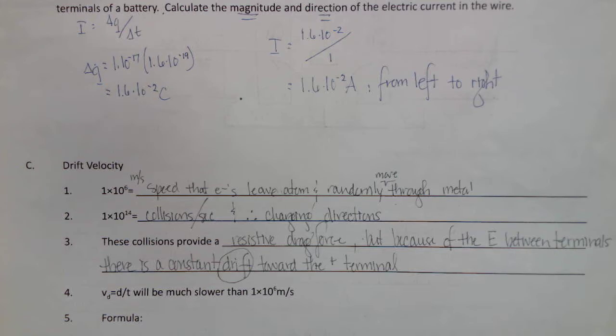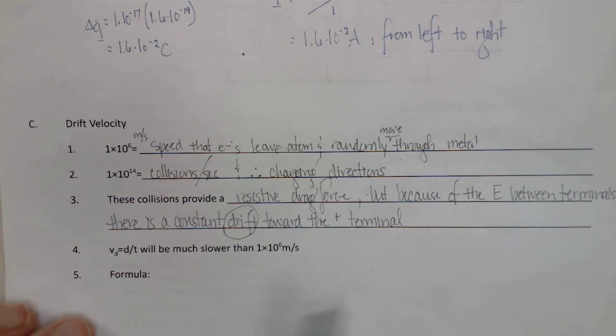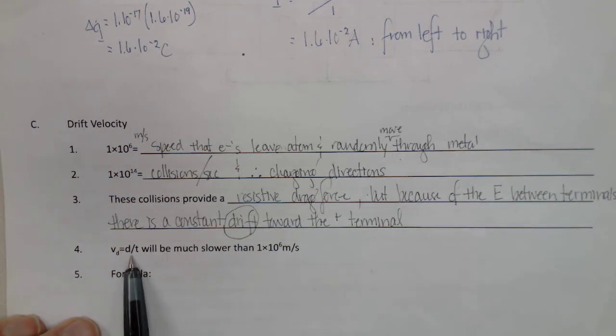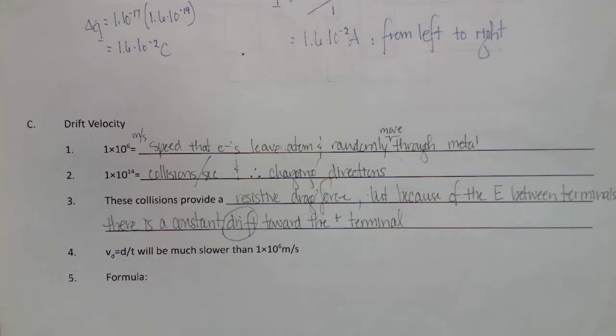Just something interesting: because it's a metal, because there are all these electrons running around all over the place, there's just so much that gets in the way and causes them to collide. But they are rather slowly moving in the net direction of the positive terminal. Now the drift velocity, that's my little d, my drift velocity is equal to d, which is going to be displacement, over t, and it's going to be much slower than the 1 times 10 to the 6 meters per second.